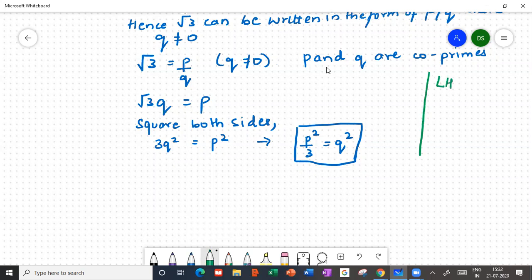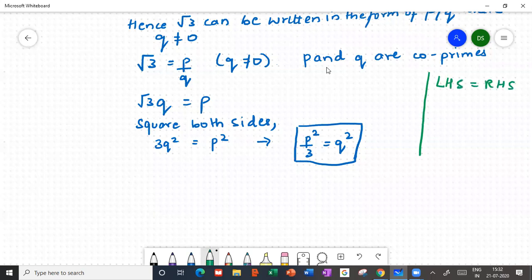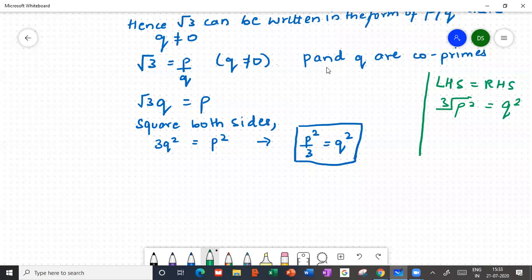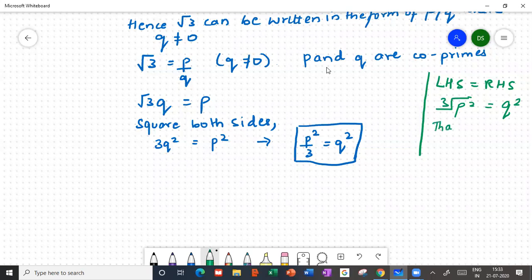What can I say? LHS is equal to RHS. If I'm saying that, which means when I divide P square by 3, I'm just writing it in rough, I don't get a remainder, and the only quotient I get is going to be Q square. Or what can I say? That P square is divisible by 3, isn't it?